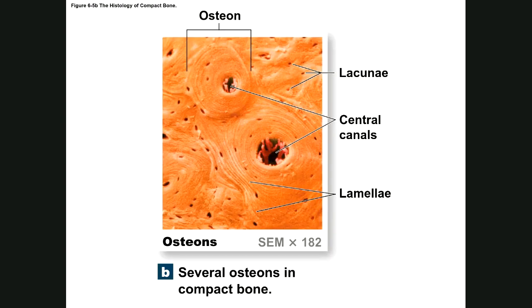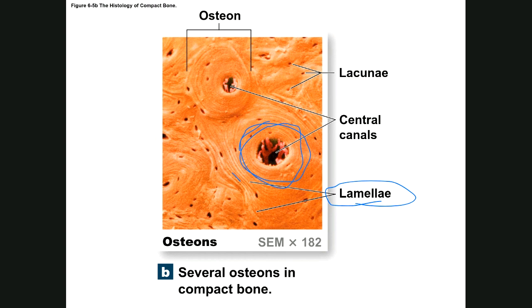Again, this scanning electron micrograph shows you what the bone tissue looks like: central canal, lamella plate. I told you there are three types of lamella plate. This is interstitial, not the one in here. This is known as concentric.